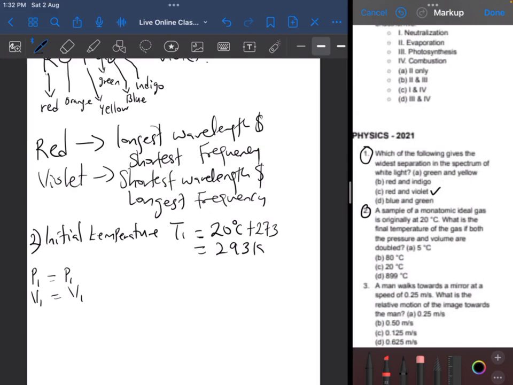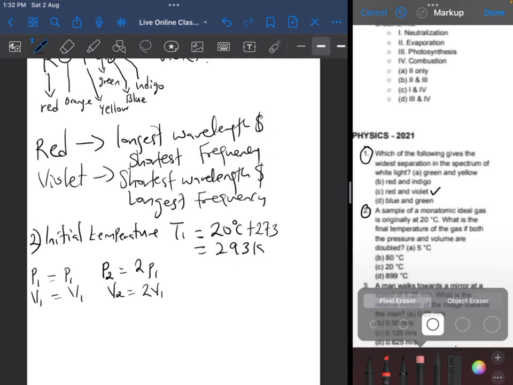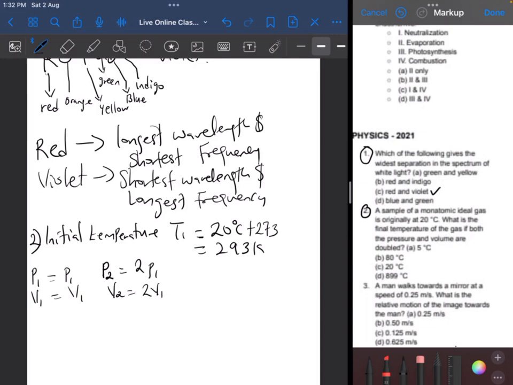No one is perfect. So our P2 will be 2P1 and our V2 will be 2V1. Remember they said both the pressure and the volume are doubled.